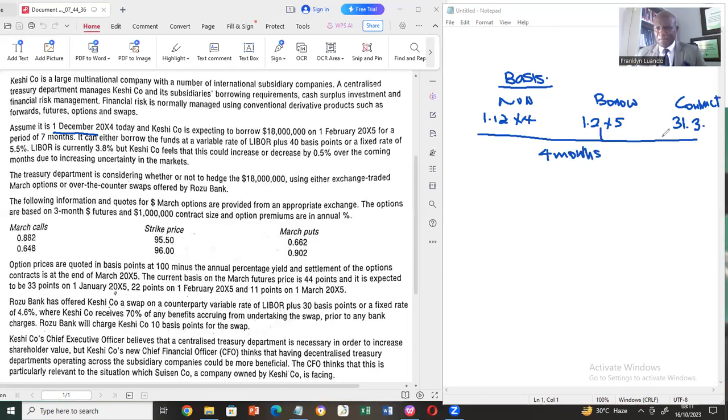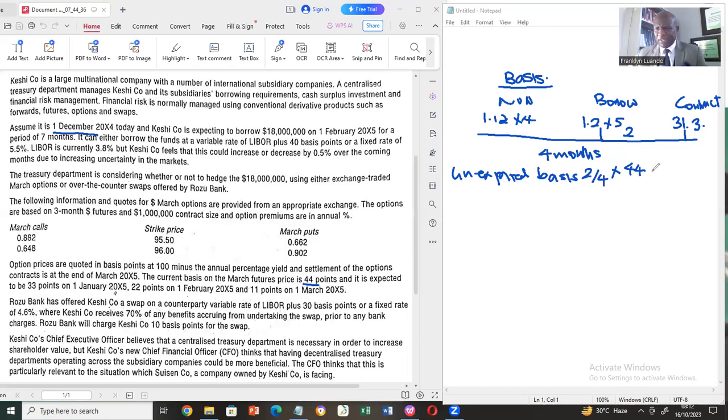And the unexpired basis is always between the borrowing date and the contract date, which is 2 months. So the unexpired basis will be 2/4 multiplied by, we are given, 44.